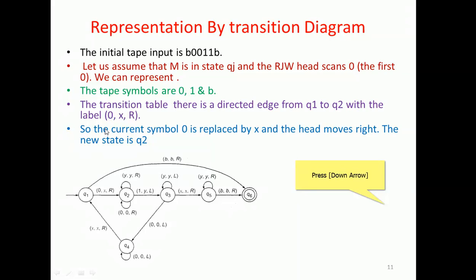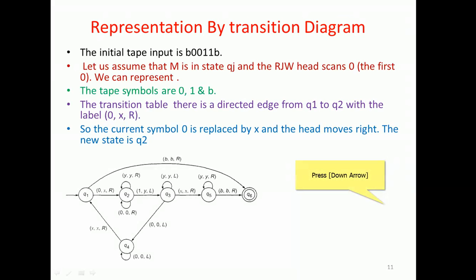After scanning that 0, it is replaced with x, the read write head moves towards the right, and it may reach state Q2. That is the effort made by this Turing machine model.